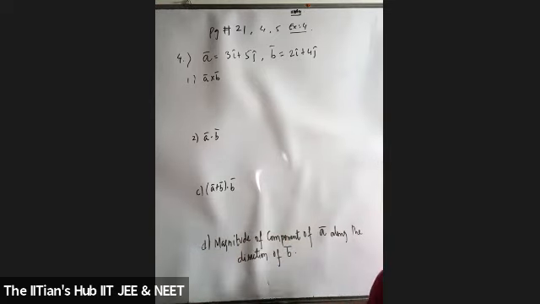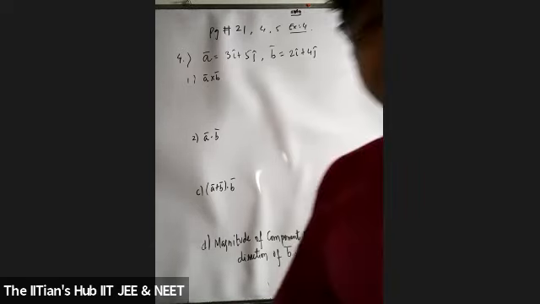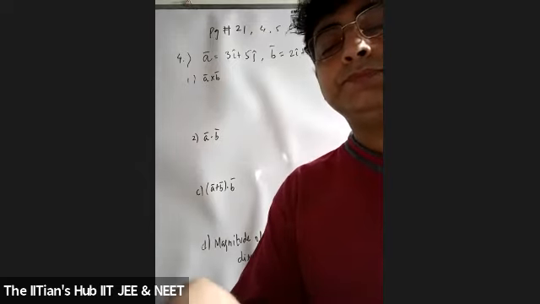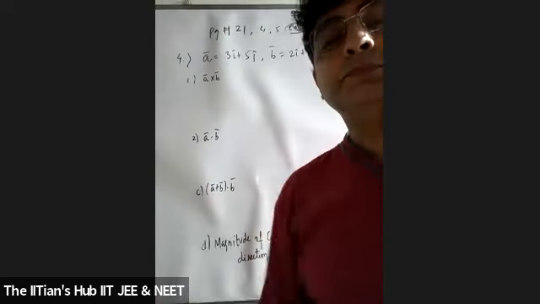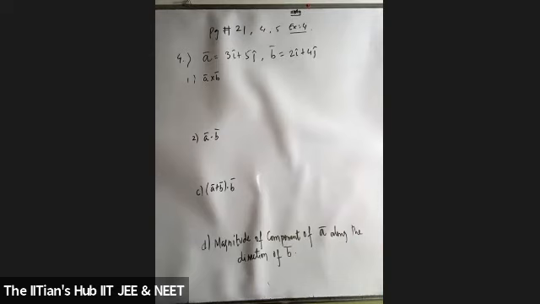Swayam, can you tell me how you got this answer? Sir, my formula: Ax i cap plus Ay j cap cross Bx i cap plus By j cap.